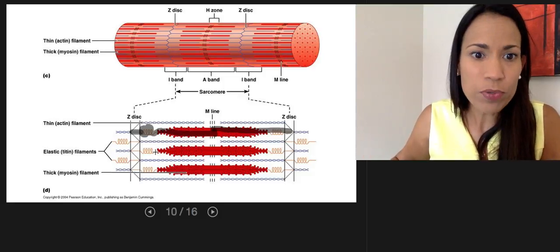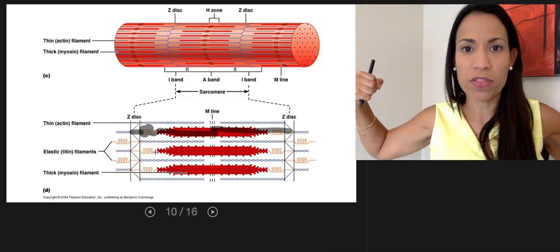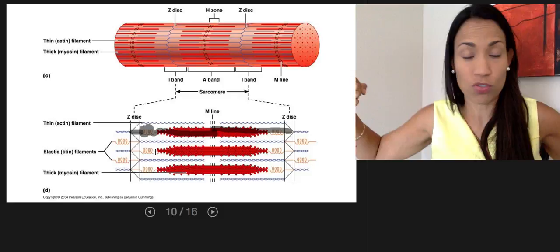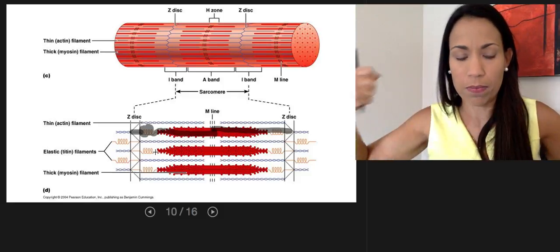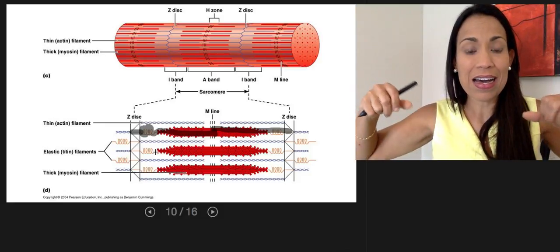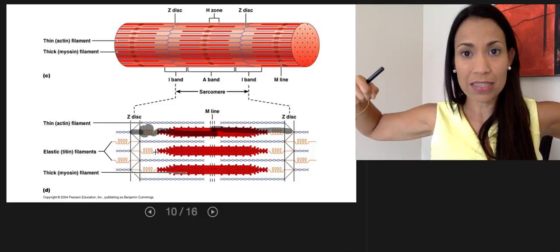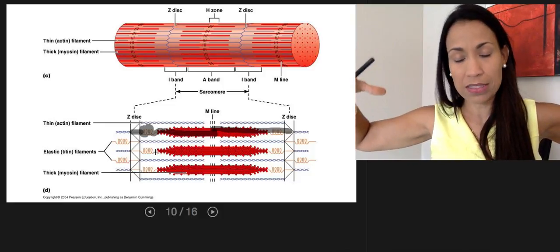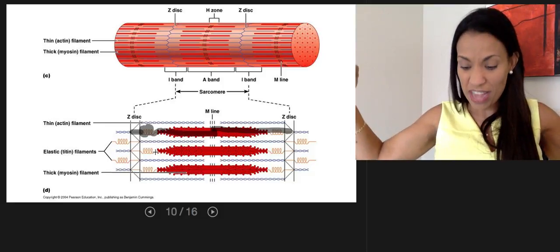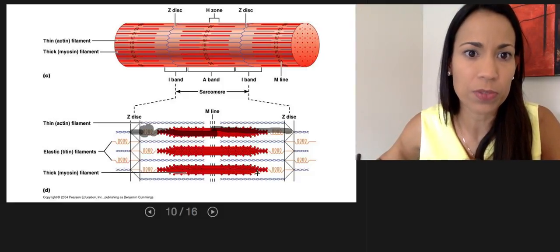Now, one important function is that it resists the overstretching of the muscle to a dangerous point where we can rupture or injure the muscle. How? Because as it uncoils when we are stretching the skeletal muscle fiber and the entire skeletal muscle, it becomes stiffer and stronger, trying to resist that overstretching placed on the muscle.